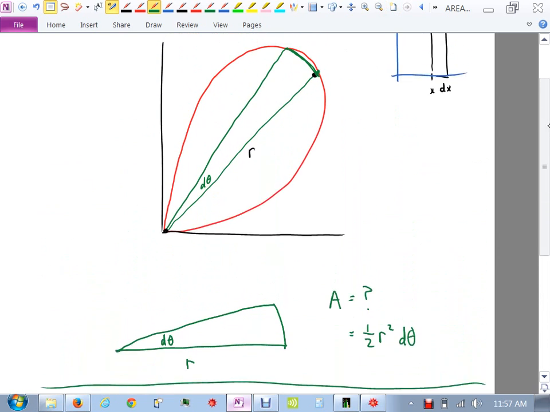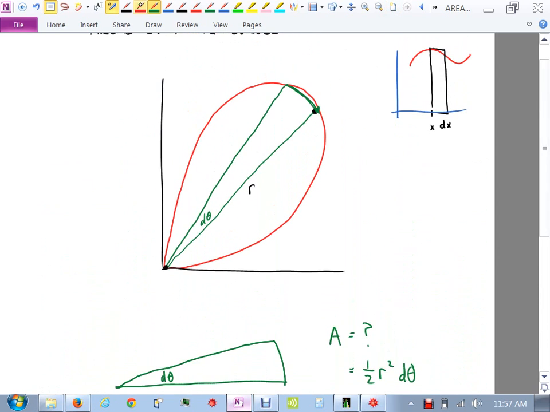So here's the formula. I'm going to stick the formula right up here with this. The formula that we have is the integral, and we'll call the limits alpha and beta. Alpha to beta, 1/2 is going to come out, r squared d theta.